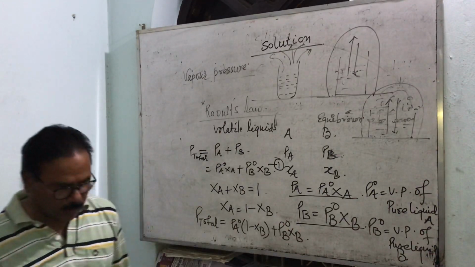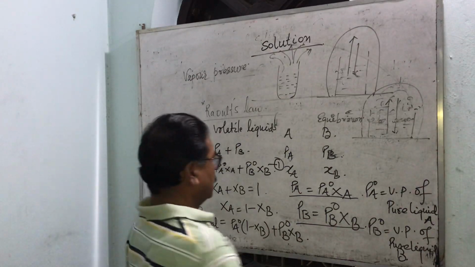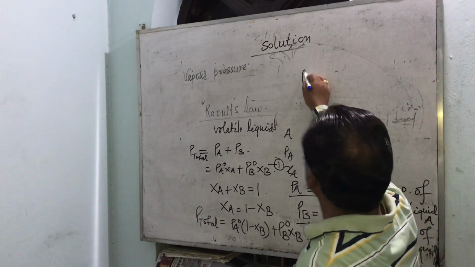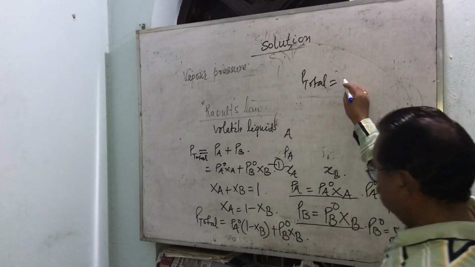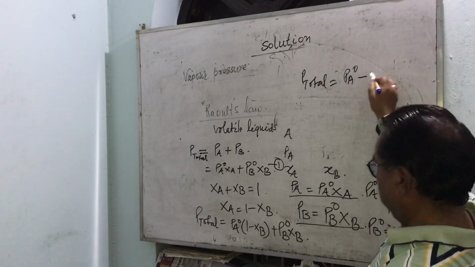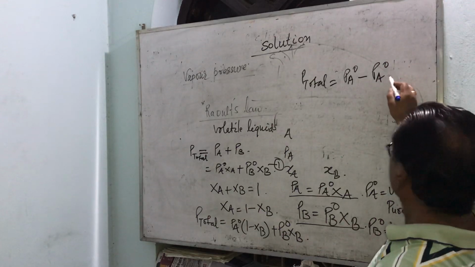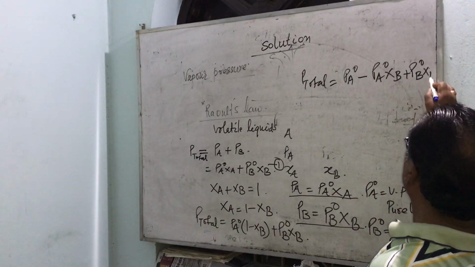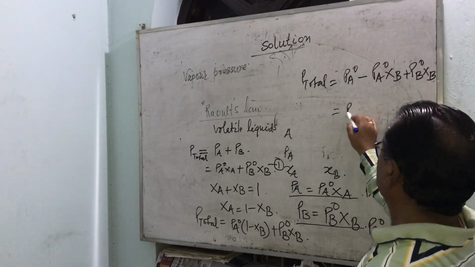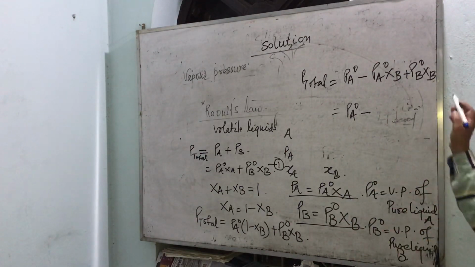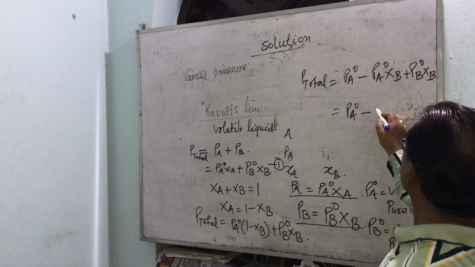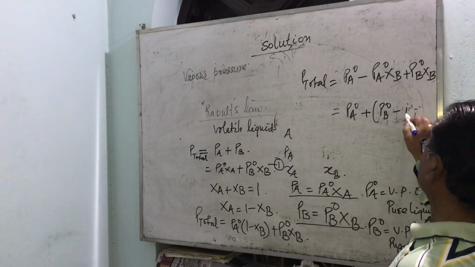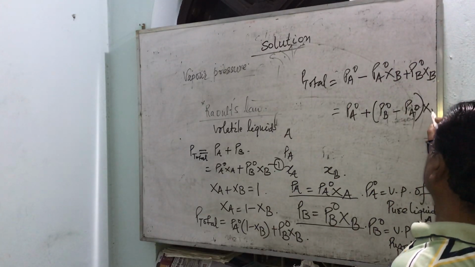So when we solve it, P total comes to be PA naught minus PA naught into XB plus PB naught into XB. So this is equal to PA naught plus PB naught minus PA naught into XB.